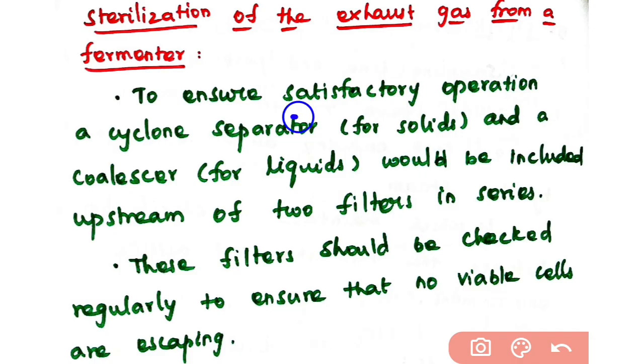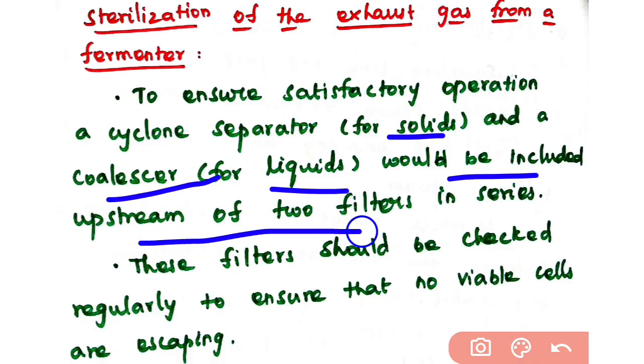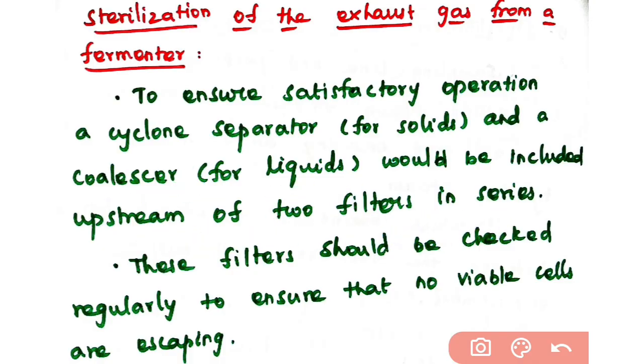To ensure satisfactory operation, a cyclone separator for solids and a coalescer for liquids would be included upstream of two filters in series. To separate solid particles we need a cyclone separator, and to remove liquid droplets you have to incorporate a coalescer. Then these filters should be checked regularly to ensure that no viable cells are escaping into the environment.